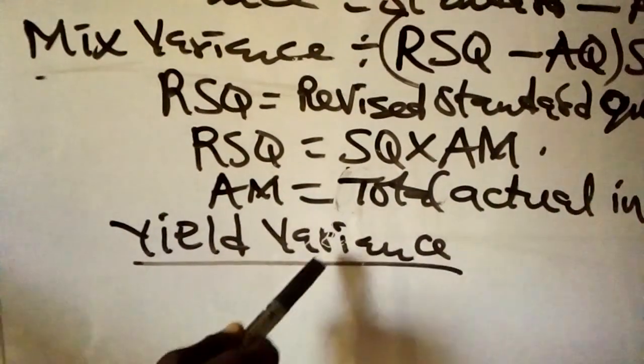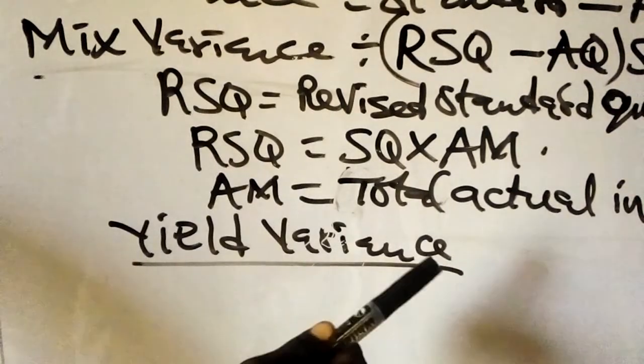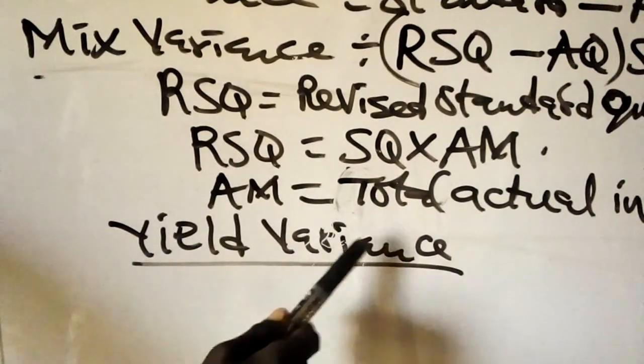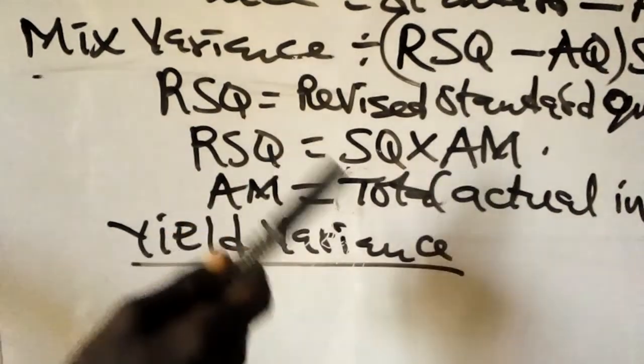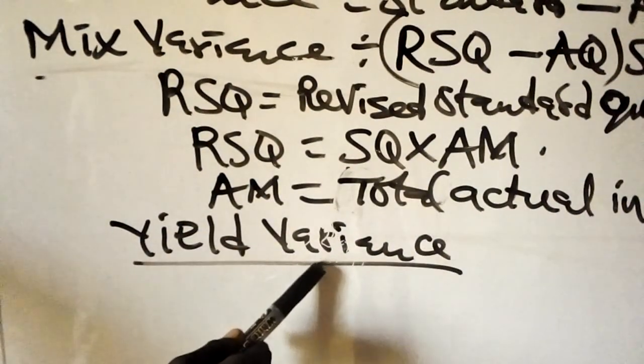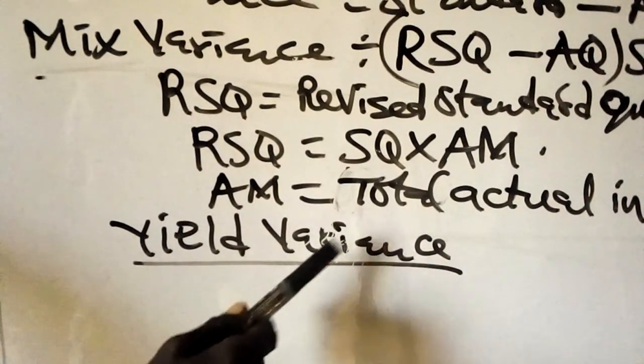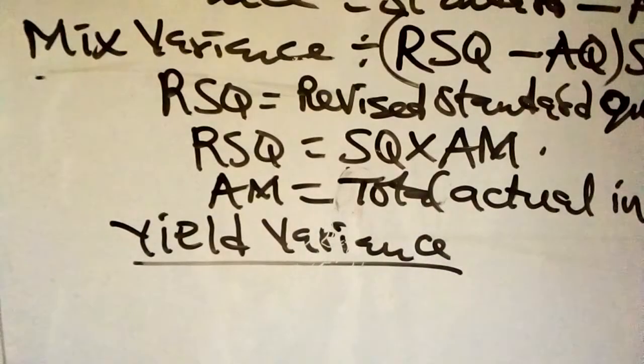If the yield variance is adverse, it suggests that the actual output is lower than the expected output.